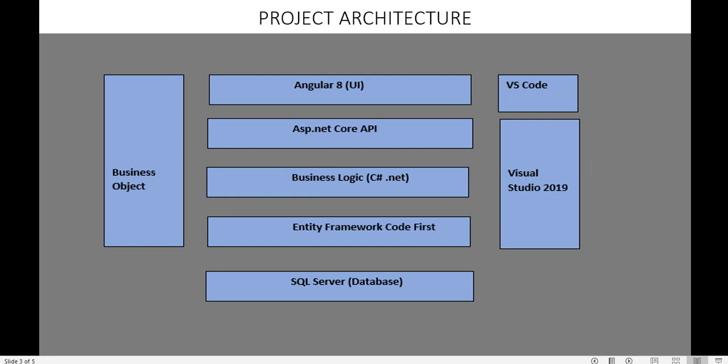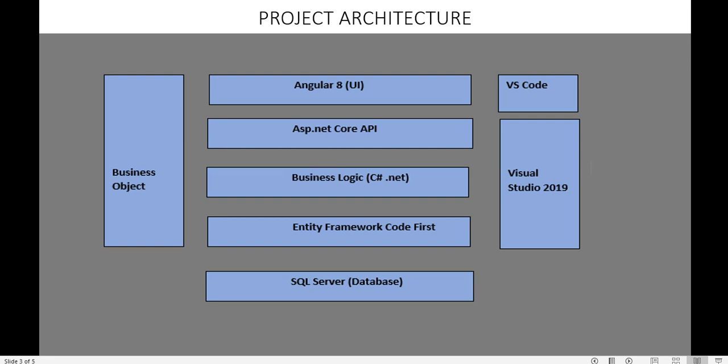Whatever logic and business objects we need, we will write in the C#.NET language. And whenever we need an API to communicate between Angular and the logic, or we can say the database, we will write all those APIs in ASP.NET Core API, inside Visual Studio 2019.